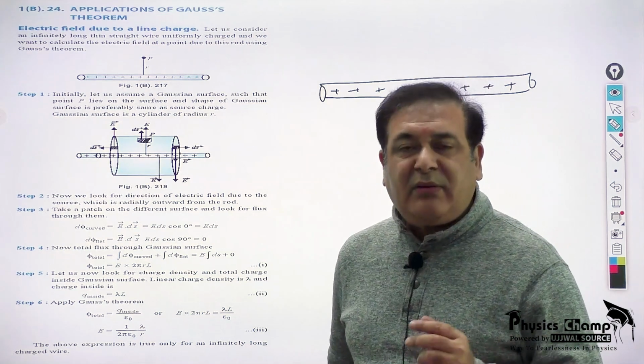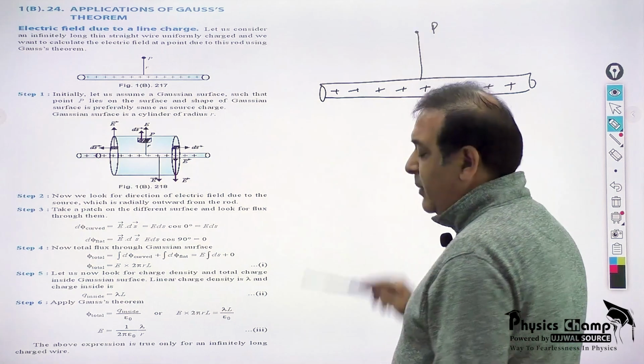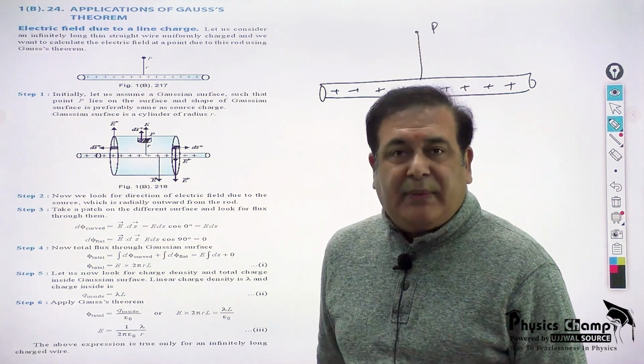So it's a line charge distribution. And due to this charge distribution, I am looking for the electric field at a point P.